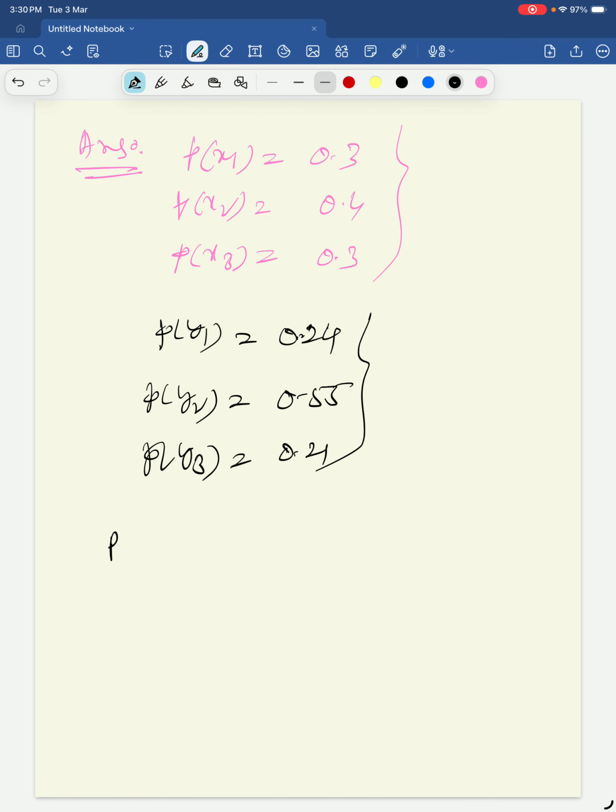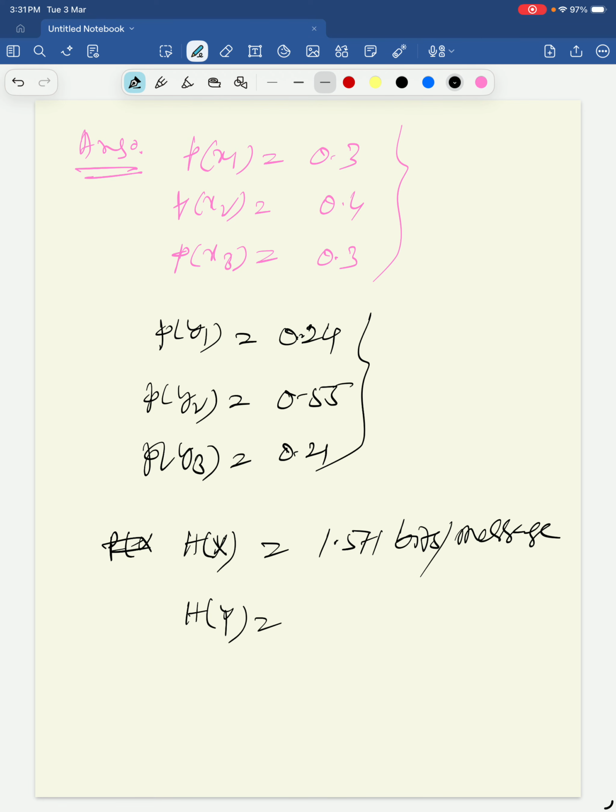Now entropy of X is 1.571 bits per message. Entropy of Y is 1.441 bits per message. These are the answers I am giving you. You please practice it at your home.